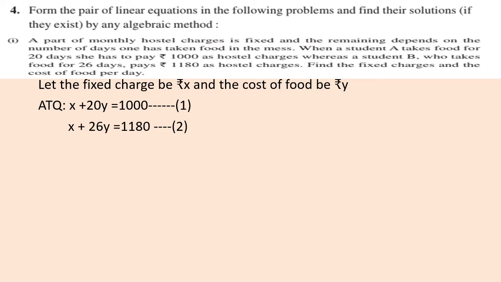Now you have to find the value of x and y by any of the algebraic method. Here the coefficient of x in both the equations are same, so it is easy to find the solution by elimination method. So write down by elimination method.